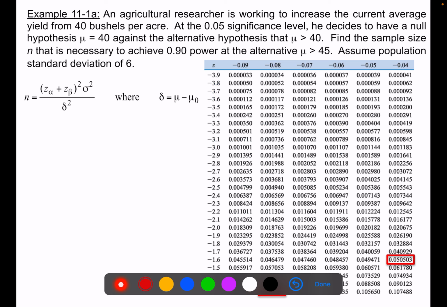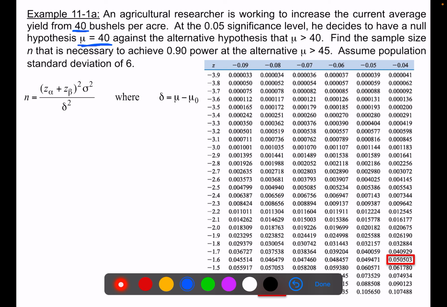So an agricultural researcher is working to increase the current average yield from 40 bushels per acre. So this is probably our mu, right? So this is the current value. Actually, the question says in the next line, mu is 40.